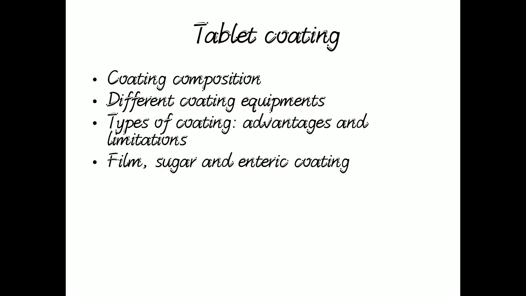Another very important one is blistering. So blistering is also a tablet coating defect. Orange peel is a coating defect. Bridging and filling is a coating defect. Sticking and picking are both tablet defects as well as tablet coating defects, right?